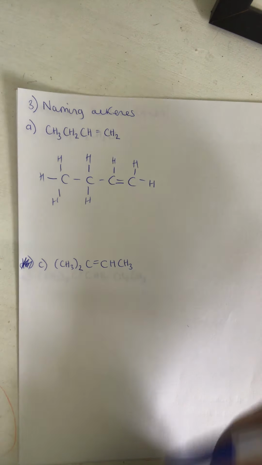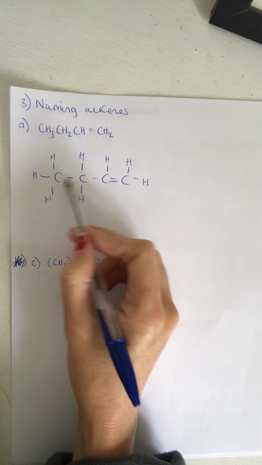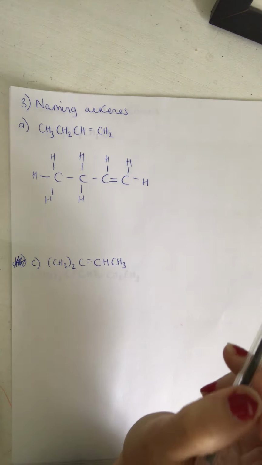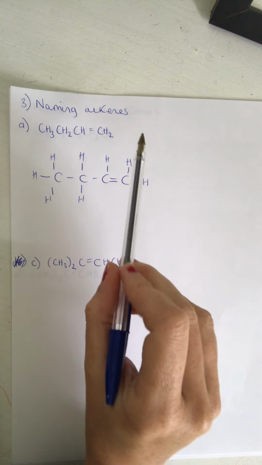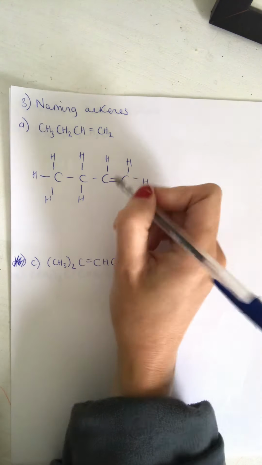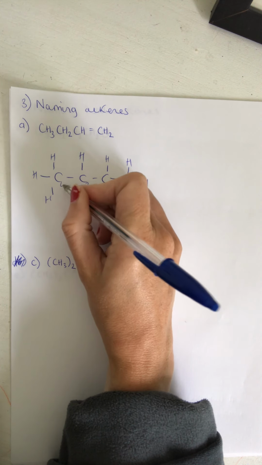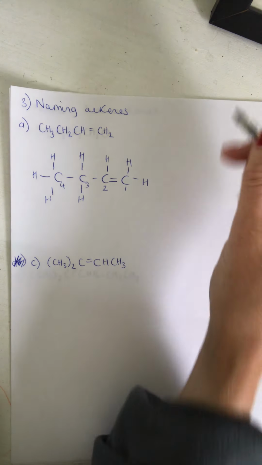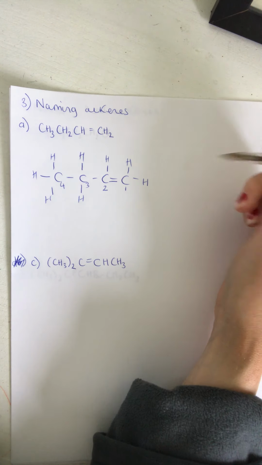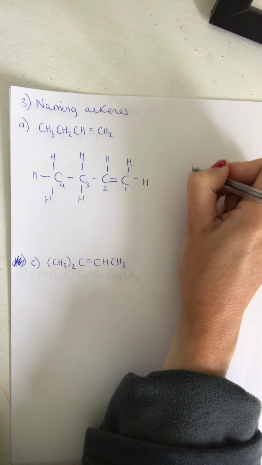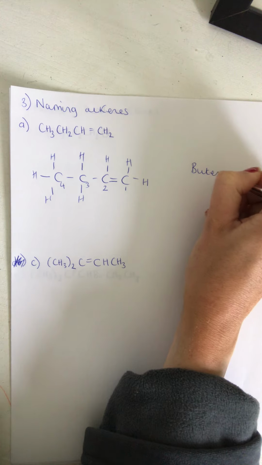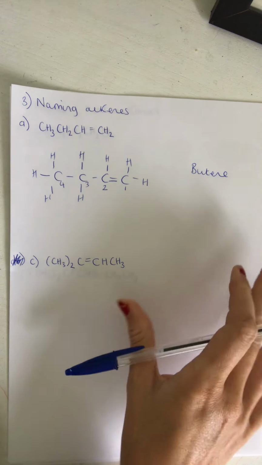Okay, so again, with the numbering, we're not going to go left to right. We're going to start with the carbon that has the functional group attached to it. And that is down here, making that carbon 1, 2, 3 and 4. So if I asked you to name that, hopefully based on GCSE, you could say, well, that's butene. There's 4 carbons and it's an alkene.